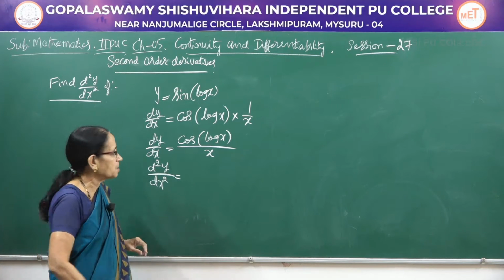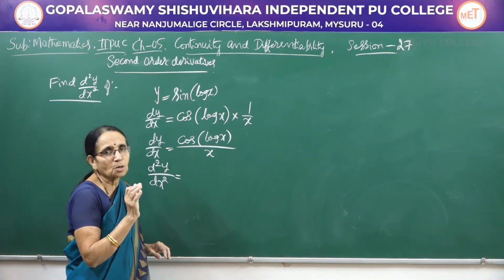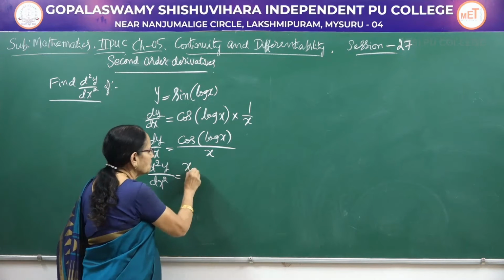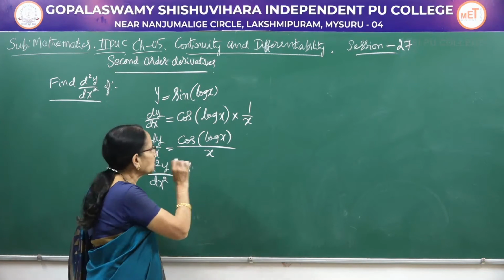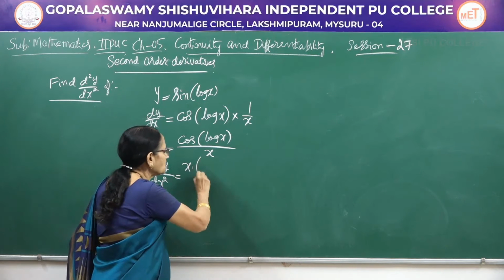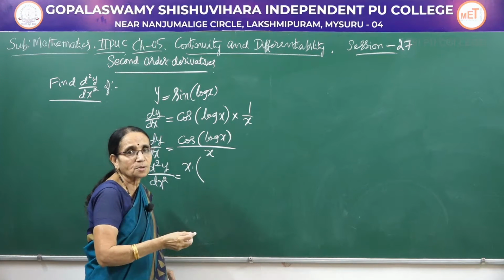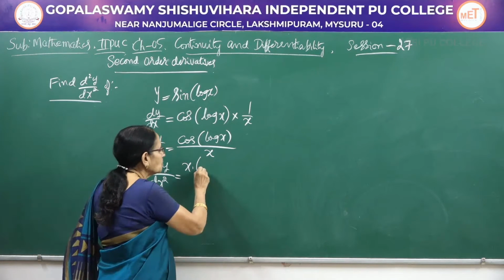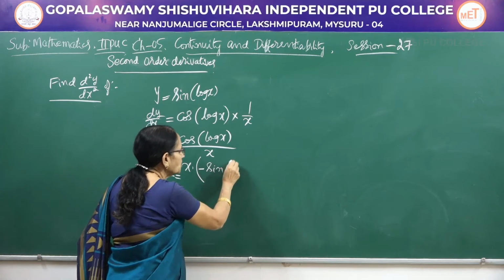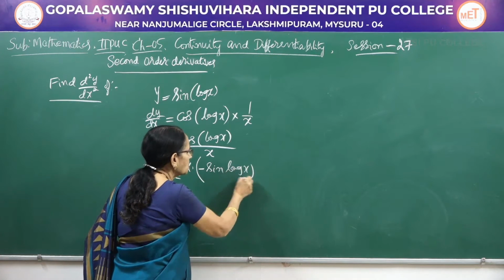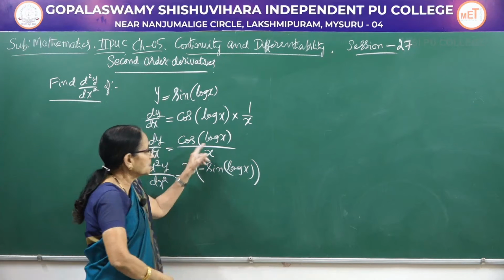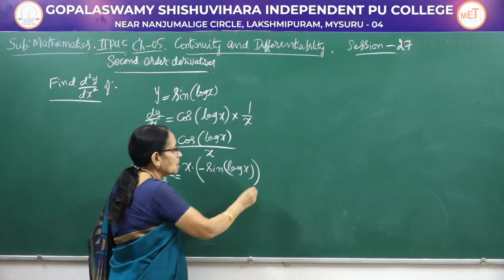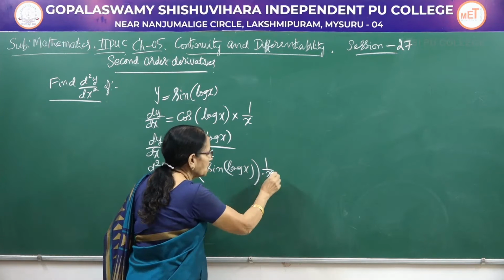Be careful when you apply the rule. What does the quotient rule say? Denominator x into derivative of the numerator. What is the derivative of cos x? It is minus sin. So, minus sin of log x into, again it is a composite function, for log x it is 1 by x.